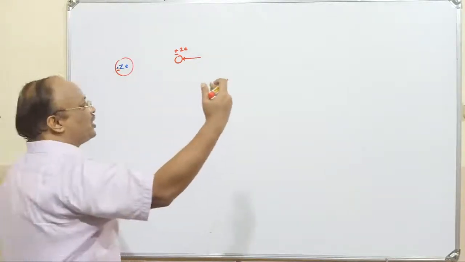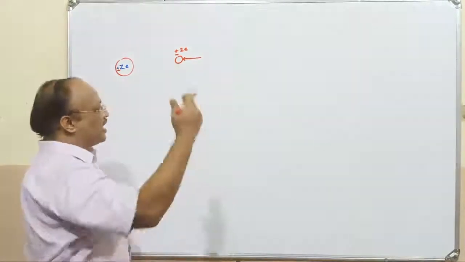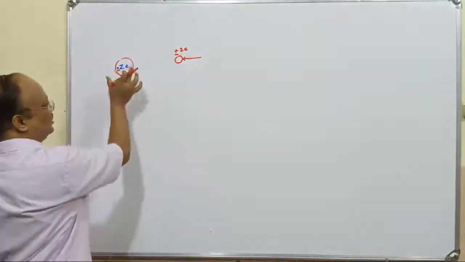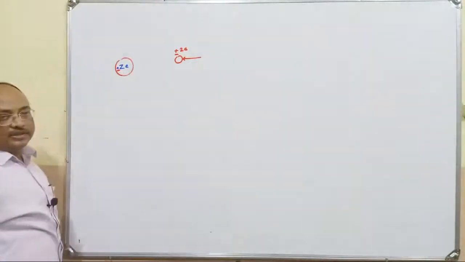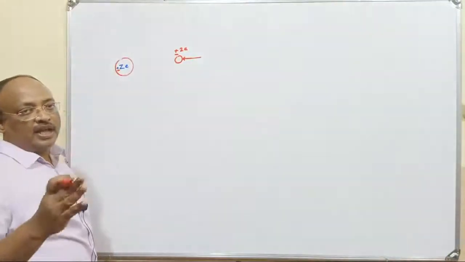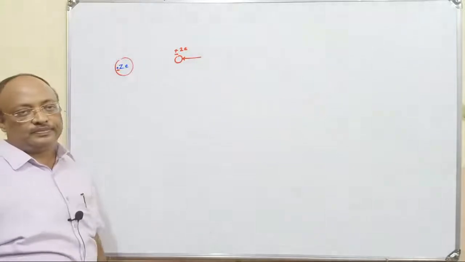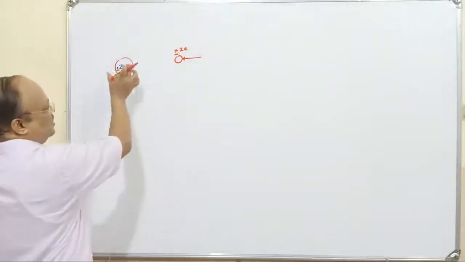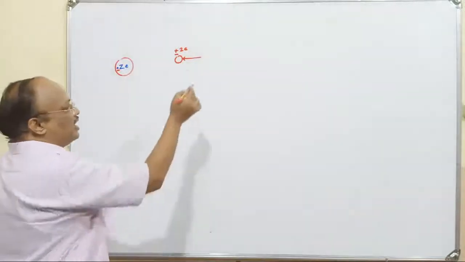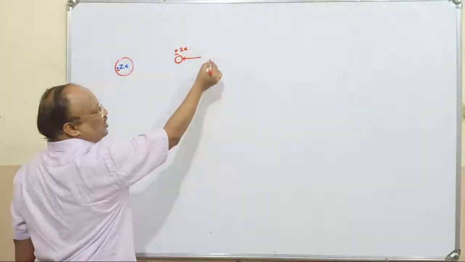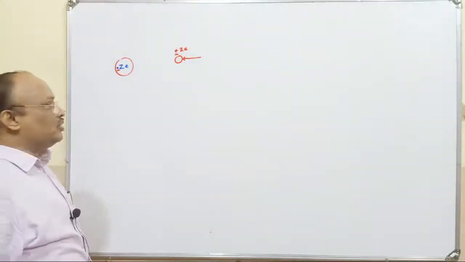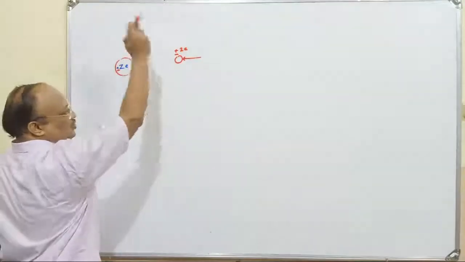Since we have given some kinetic energy to this alpha particle, towards the stationary nucleus, in the alpha scattering experiment, the stationary gold foil. I am taking it as a gold nucleus, and an alpha particle we have triggered here. So this is positive, this is also positive.